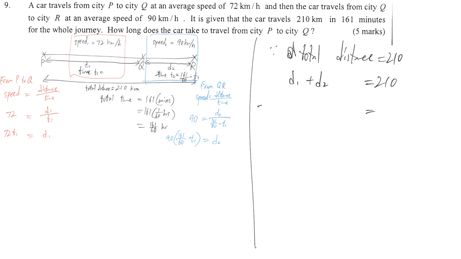Then we may write 72 t1 plus 90 times this expression is equal to 210. From this formula, t1 is the only unknown, which means we can solve for the answer.